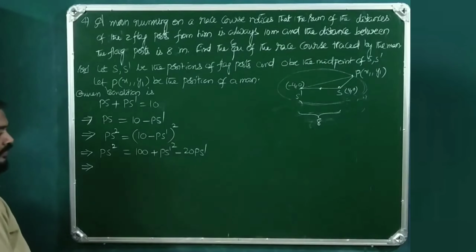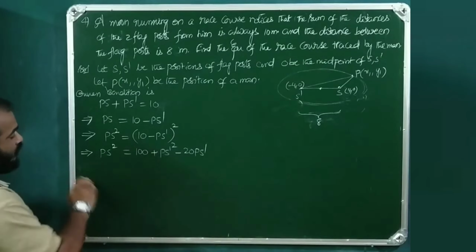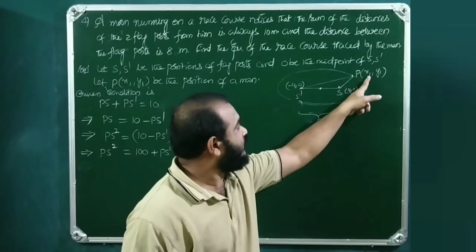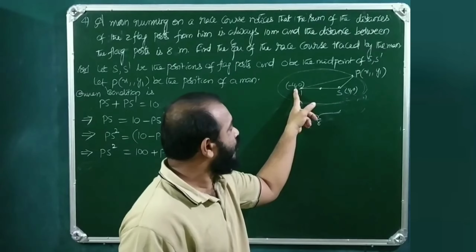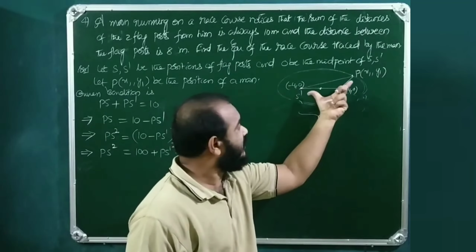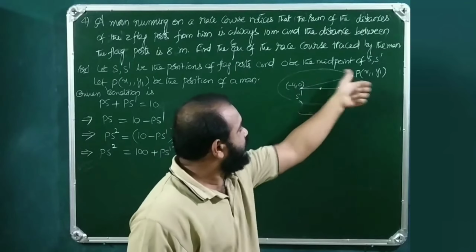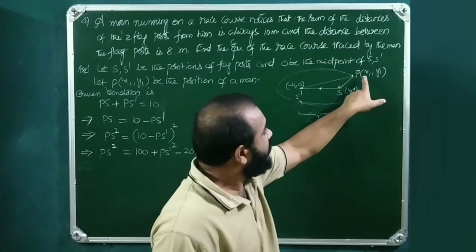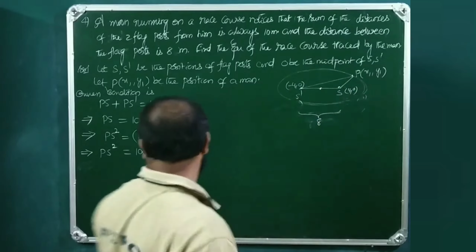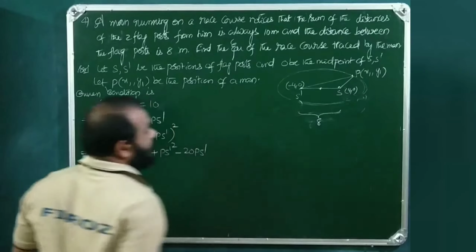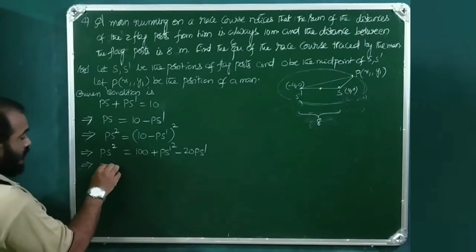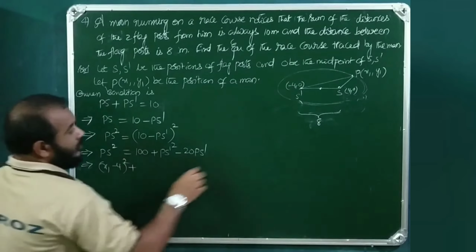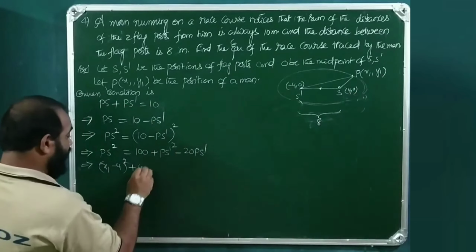So here, what is PS? PS is the distance between the two points. So (x1 minus of minus x1 plus 4) whole square plus (y1 minus 0) whole square, that is S dash P, by the distance formula. So what is SP? Distance between (x1, y1) and (4, 0). So what is SP square here? (x1 minus 4) whole square plus (y1 minus 0) whole square, that is y1 square.